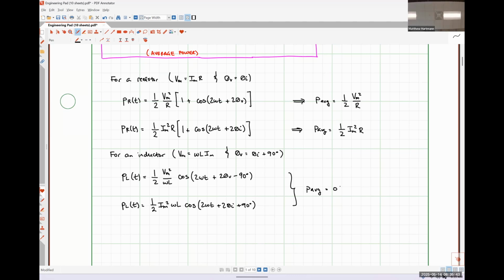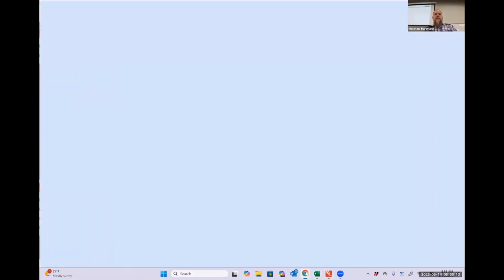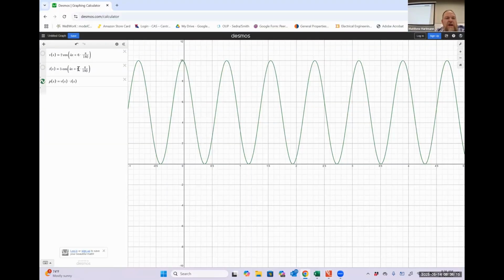So I want to take a quick peek at this power in the time domain. Once again, just using those Desmos graphs, where really the only thing I'm going to change this time is the phase angle. For this case, I'm just going to make sure that the current phase angle is 90 degrees more negative than the voltage phase angle, so that we have a current that's lagging by 90 degrees.